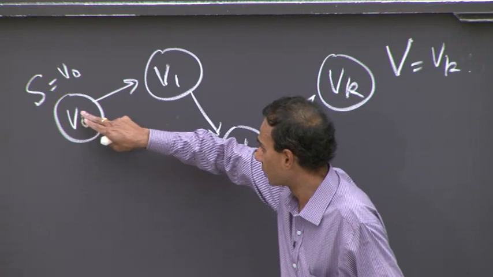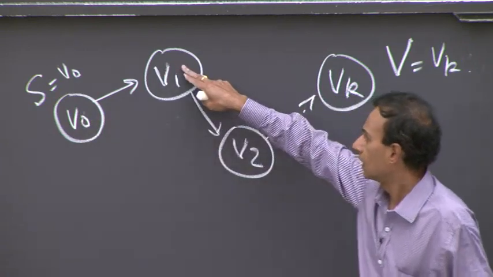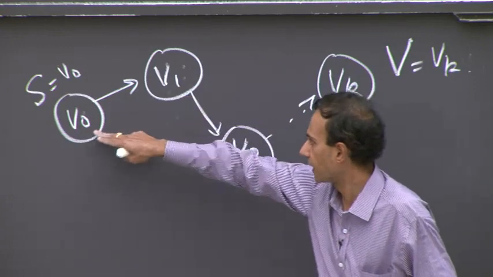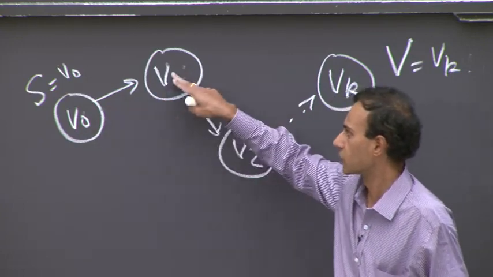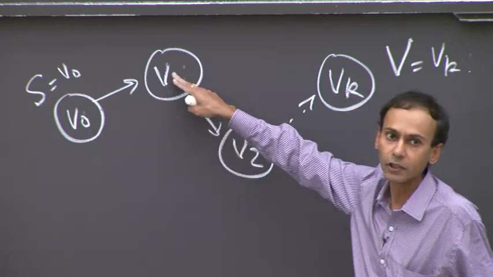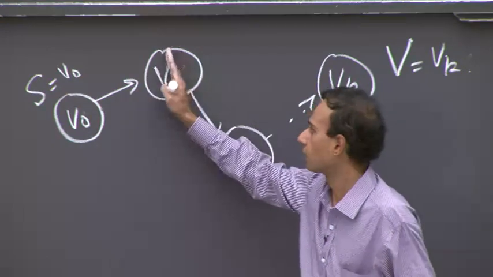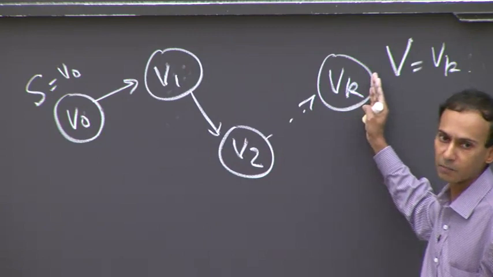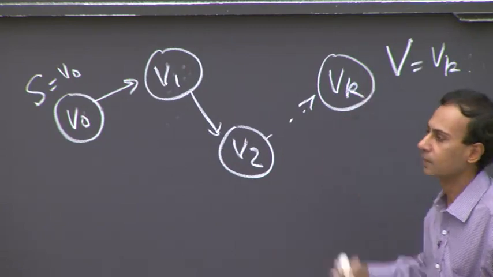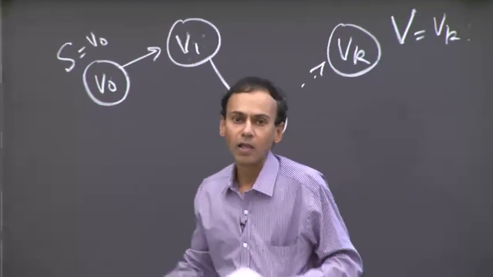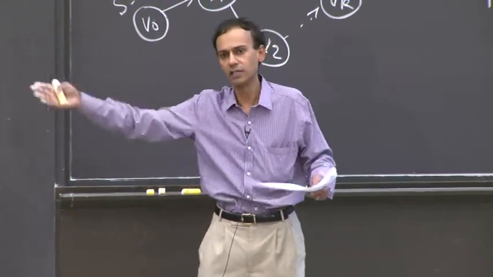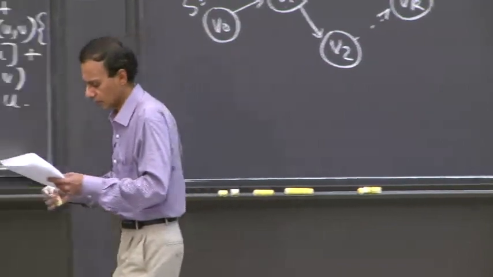I'm going to relax this edge, and I'm going to get the value of delta from S to V1. And it's going to be this relaxation that gets me that value. After the first pass, I'm going to be able to get to V1. After the second pass, I can get to V2. And after K passes, I'm going to be able to get to VK. Right? So I'm just growing this frontier one node every pass. And that's your induction.